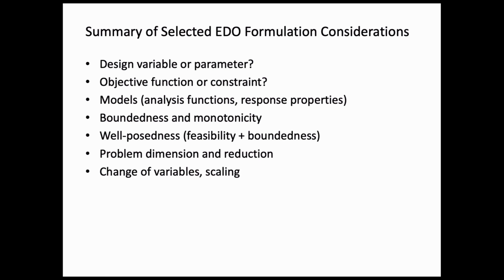So we've talked about linear scaling techniques, both for design variables and objective and constraint functions. But there are other more general change of variables strategies that we can use to transform a problem into one that is easier to solve.